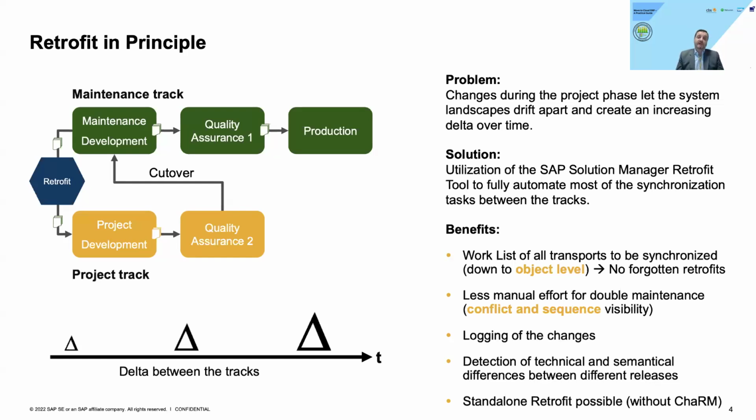For mix and match, of course, typically mix and match projects have large changes on the configuration. There are parts where you want to innovate, and the part that can be managed by a retrofit is getting smaller, and the manual retrofit part is getting bigger. And then it depends on the scenario chosen by the customer how to use the tool.